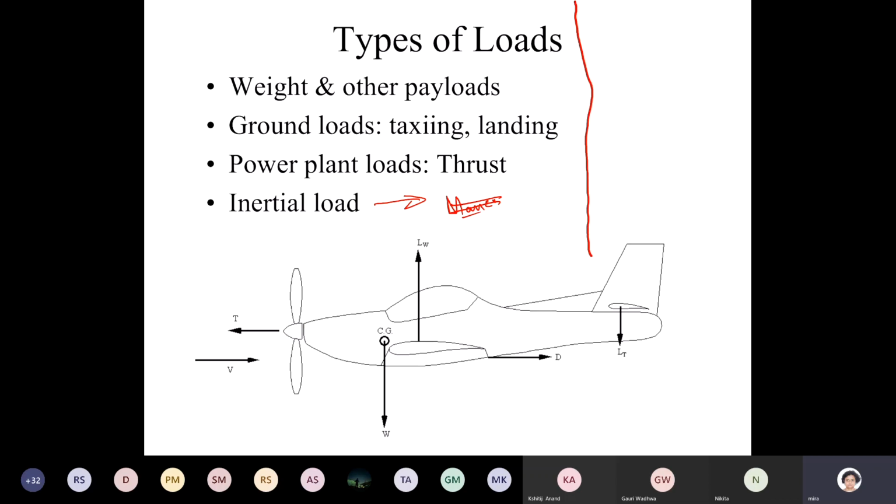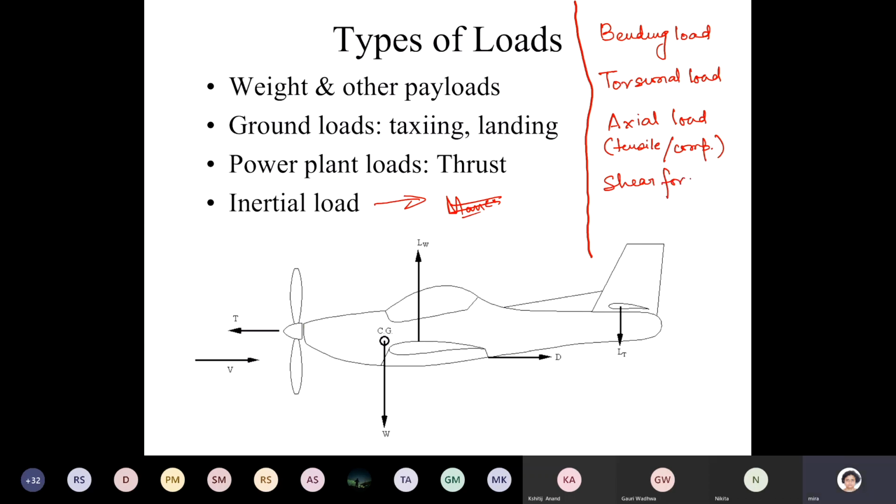So from a structural point of view, a load can be a bending load, a torsional load, an axial load, which could be both tensile as well as compressive. And there could be a shear force.